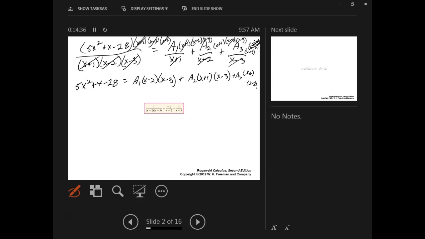And whatever our x terms were, they're going to have to add up to 1. And whatever our constant terms are, they're going to add up to negative 28. And then you have 3 equations, 3 unknowns. You've gotten rid of the x's, basically, but now you have A's. And then you have to solve them. And those aren't particularly easy to solve.